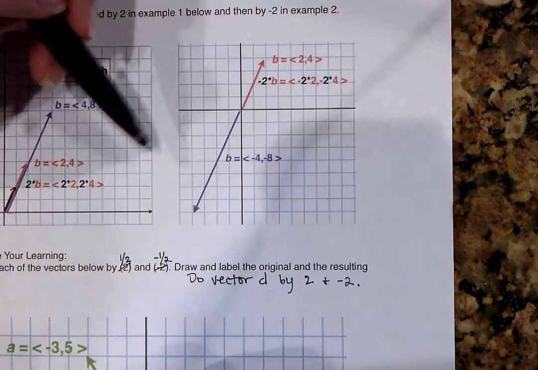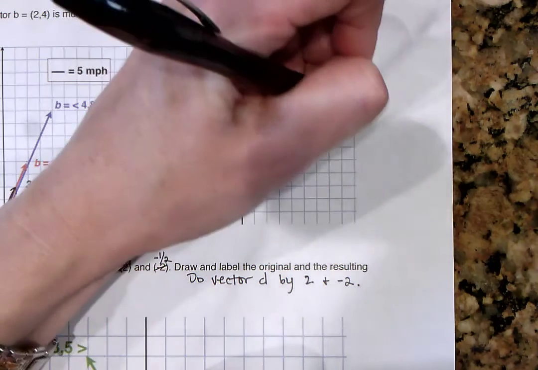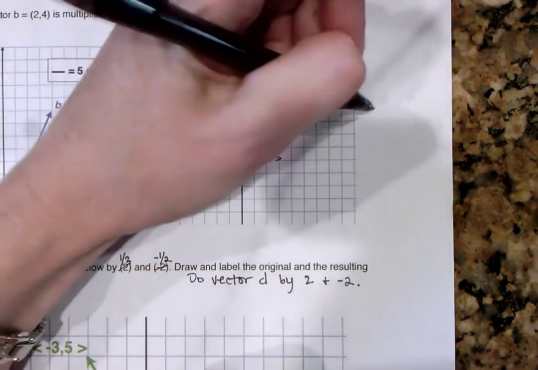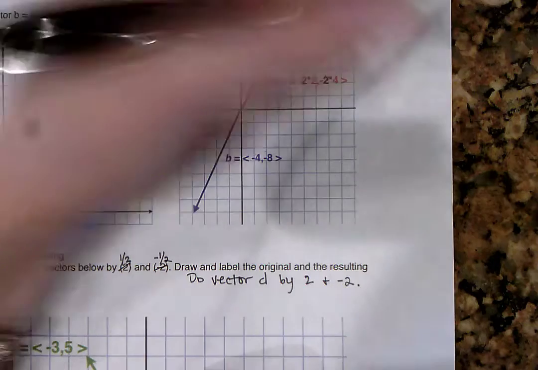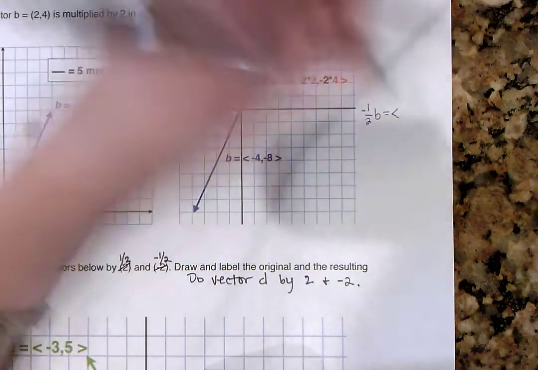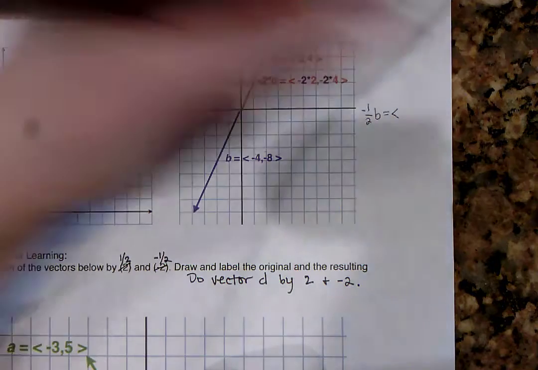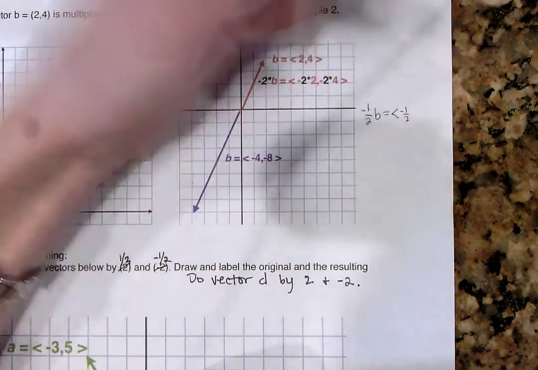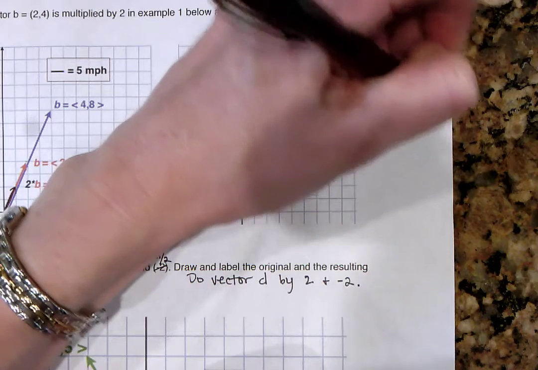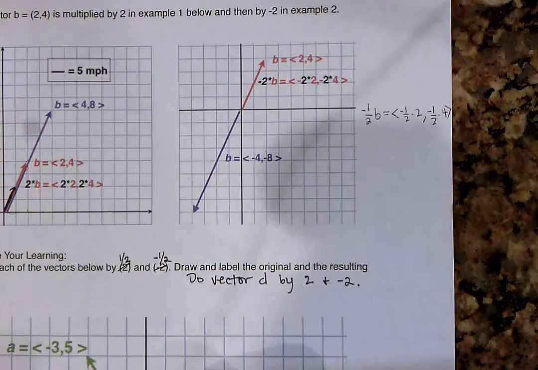Okay? And again, we're going to do vector b this time, but by -1/2. So if we take vector b and multiply it by -1/2, -1/2 times 2, and -1/2 times 4, okay?